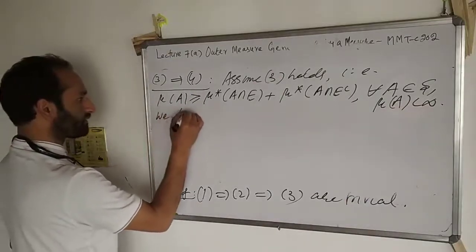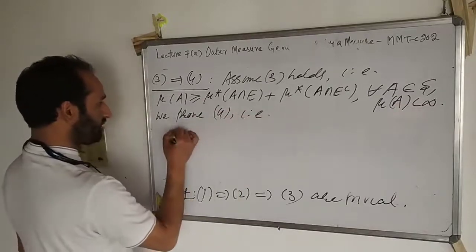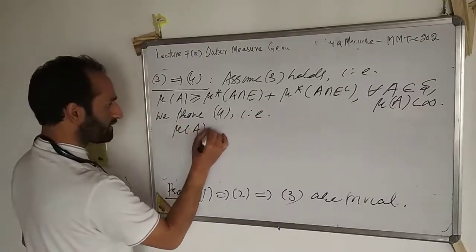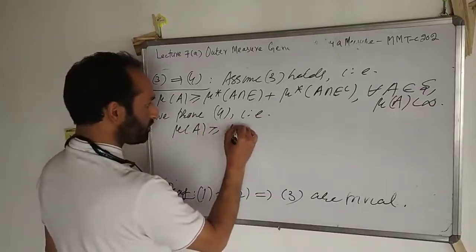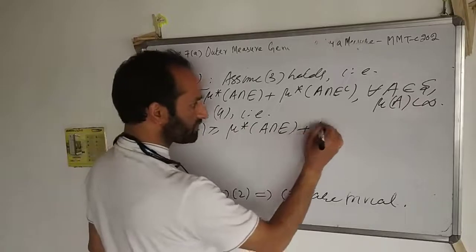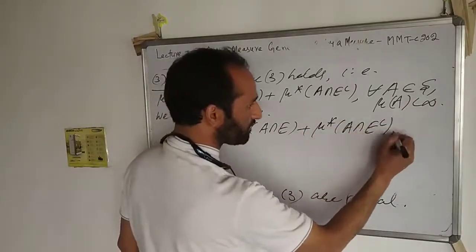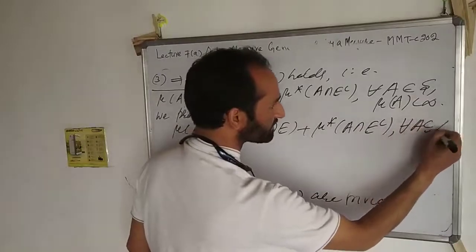We prove 4. That is, we prove mu star of A is greater or equal to mu star of A intersection E plus mu star of A intersection E complement for every subset A of X.